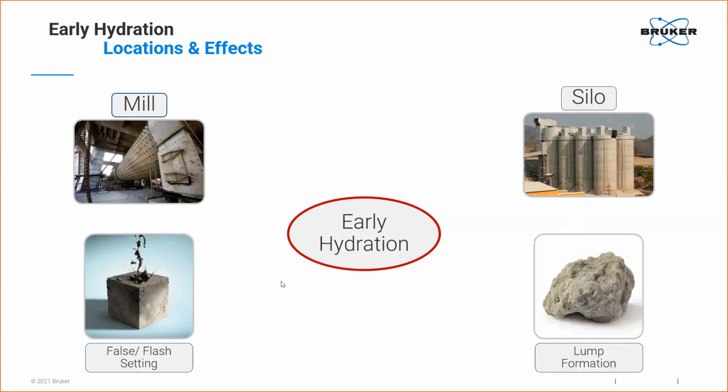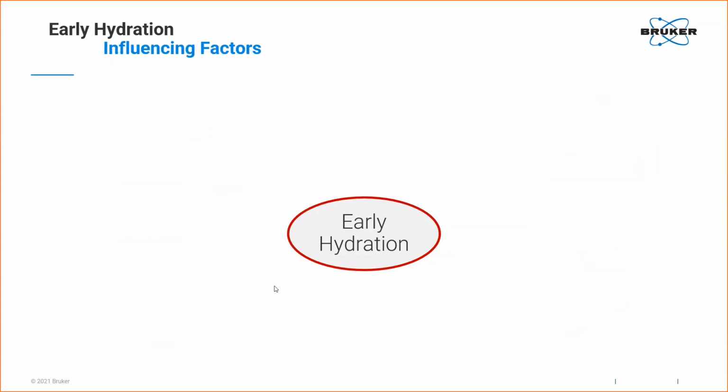And in general, early hydration can result in false or flash setting, because the reactions which take place might remove some reactive SO3, and this has an important impact on the balance of the sulfates and the calcium aluminate phases. So when looking at early hydration, let's look at the influencing factors. Of course, we have SO3, sulfate.